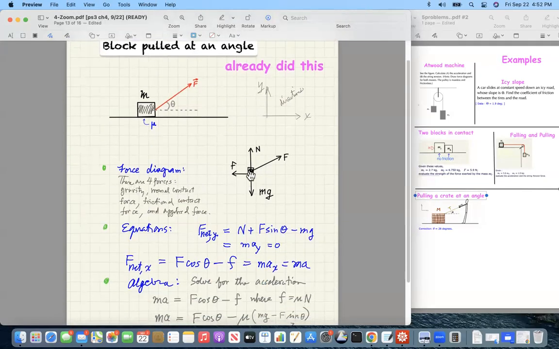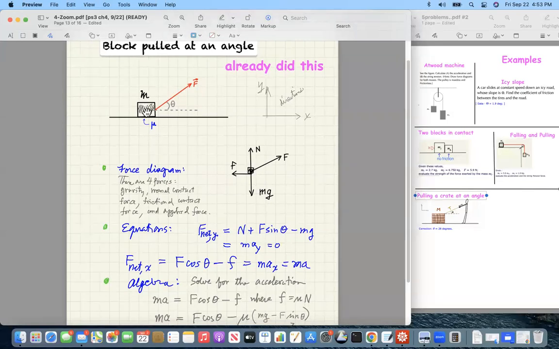The force diagram looks like this. We make a force diagram for this moving object. There are four forces. There's the force of the rope, the tension on the rope that's pulling it, and that's at some angle, called the angle theta with respect to the horizontal.